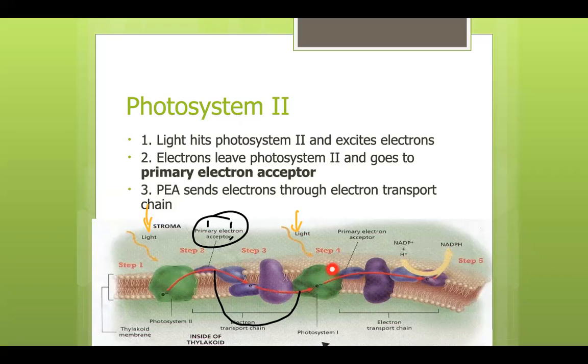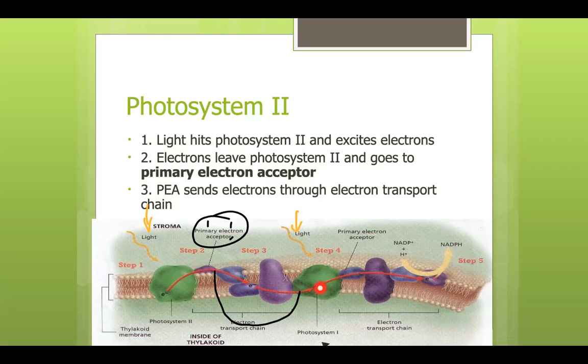So it is very important that the electrons that leave each photosystem are replaced. If I ask you what replaces the electrons lost from photosystem 1, you say the electrons from photosystem 2. Electrons from photosystem 2 leave PEA, ETC, they go to photosystem 1. So they replace the ones from photosystem 1.